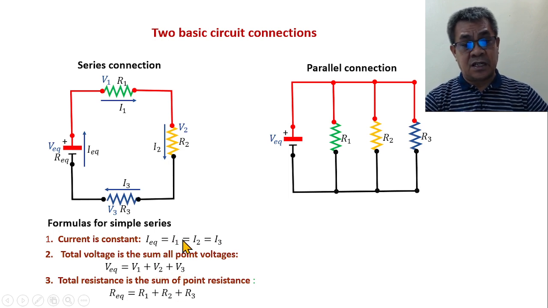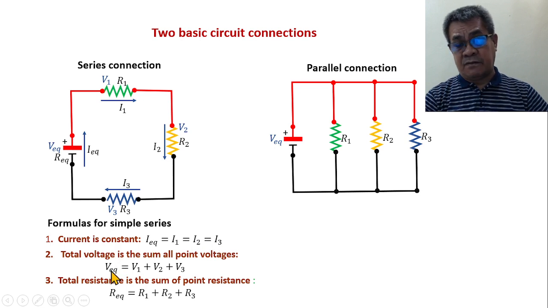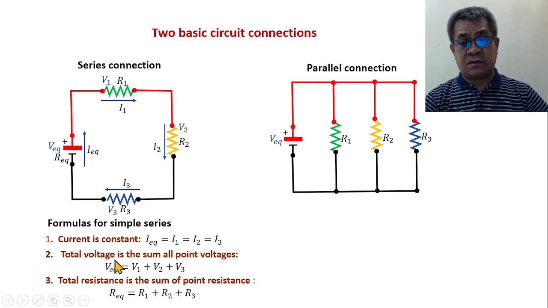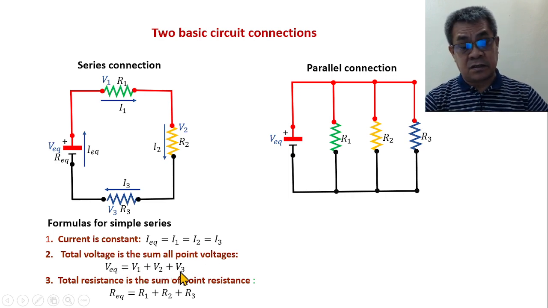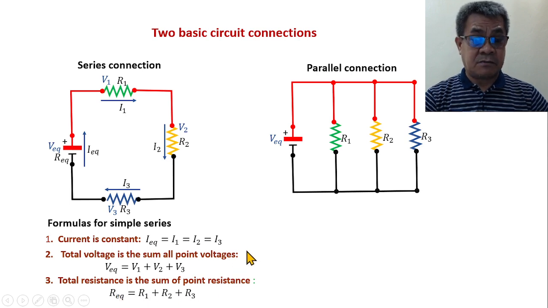Then take note that I is common, and also the V equivalent is I equivalent times R equivalent. Then the I should be the same as in equation 1, which means that we can remove all the current by dividing by one of the currents. And the result is R equivalent is equal to R1 plus R2 plus R3.